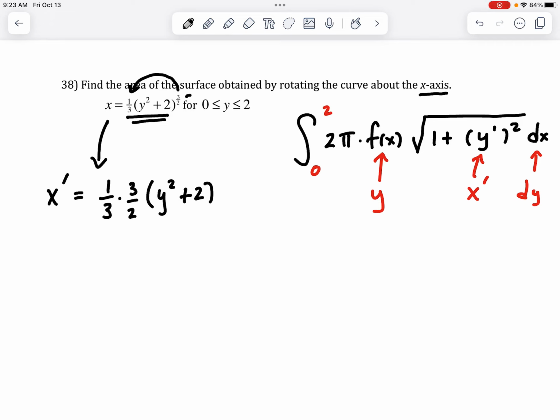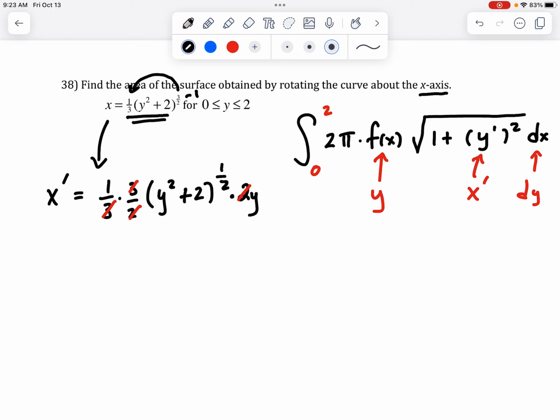And then when you subtract 1 from the exponent, 3/2 minus 1 will be 1/2. And don't forget the chain rule. The derivative of the inside will be a 2y. And then we can simplify this because the 3's are going to cancel, the 2's are going to cancel, and that's it for the canceling.